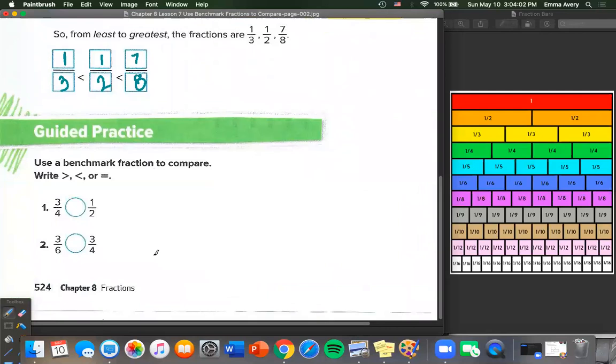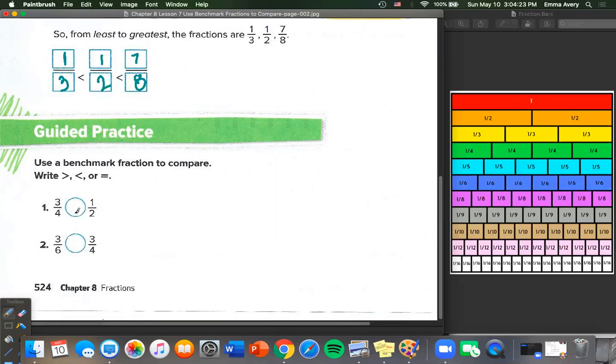Okay, so guided practice. We're going to use a benchmark fraction to compare 3/4 and 1/2. Well, the benchmark fraction they've been showing us is 1/2. We can see over here with our fraction bars, 3/4 is bigger than that.